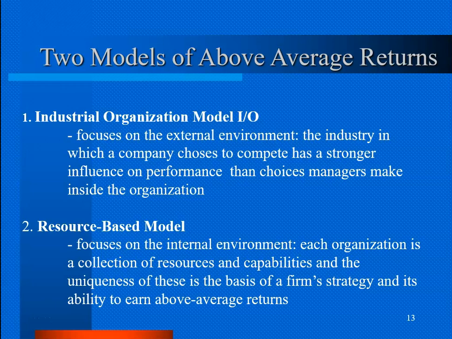So the resource-based model is considering its internal environment, the internal organization. It is saying what we bring to the market is what will cause us to earn above average returns. While the industrial organization model is saying no, it is the external environment that will determine whether or not we earn above average returns. So we are going to look at them in a little more detail individually.